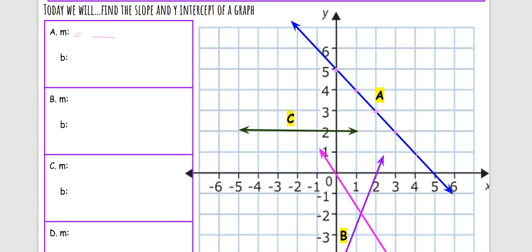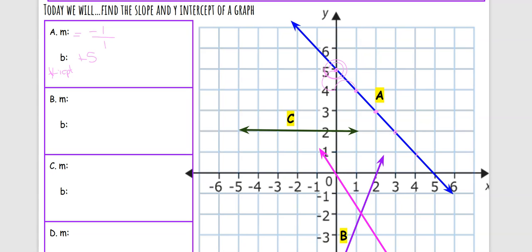Well, from this point here to the next point here, I'm going to have to go down 1 over 1. So that means my slope is negative 1 over 1. My y-intercept, which is what the b stands for, is the number that touches on the y-axis, which is a positive 5.